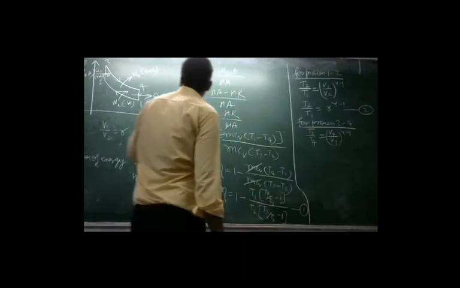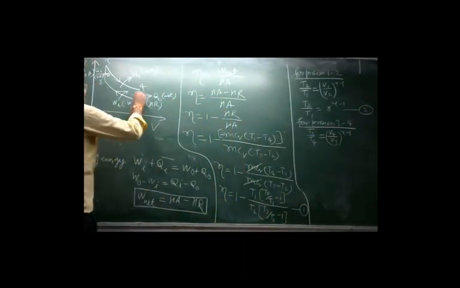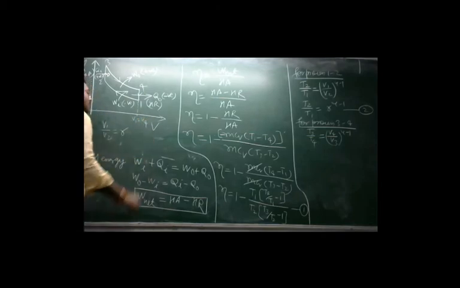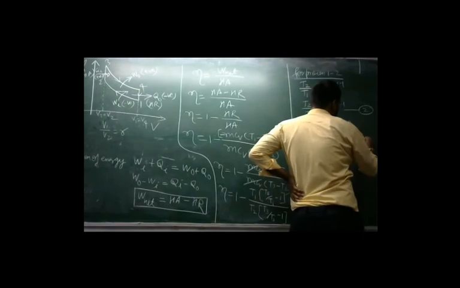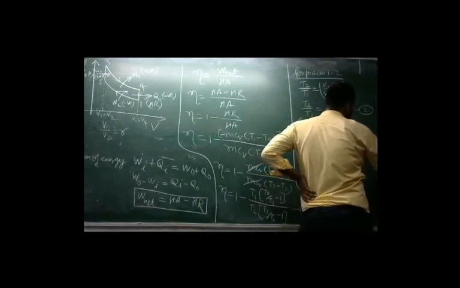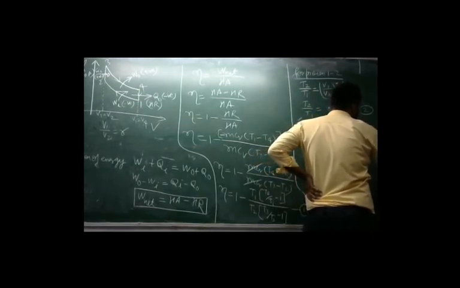From the diagram we can see that 4 to 1 is a constant volume process, so V1 and V4 should be equal. Similarly, 2 to 3 is also a constant volume process, so V2 and V3 should be equal. So V4 is equal to V1 and V3 is equal to V2.